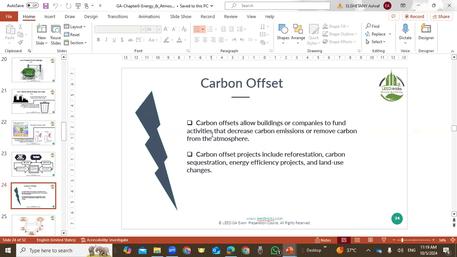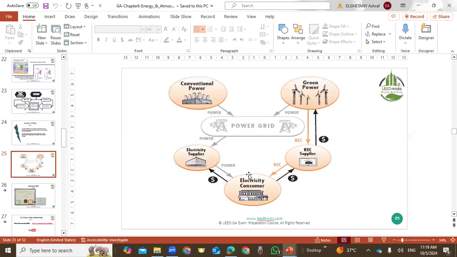They want to reduce their emissions and they cannot, so they have to invest, in proportion to their emissions, in green or carbon sequestration projects. Carbon offset projects include reforestation, carbon sequestration, energy efficiency, and land use changes like replanting.